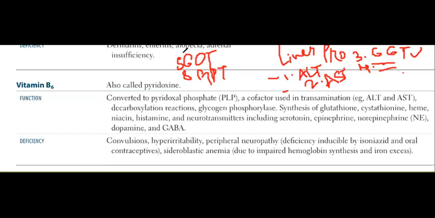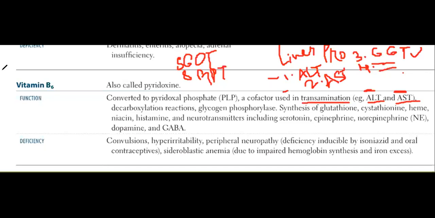Also remember these two alternative names. These are called alanine transferase and aspartate transferase. AL stands for alanine and AS stands for aspartate. They both are amino acids. So this is called transamination, and these enzymes are liver enzymes.